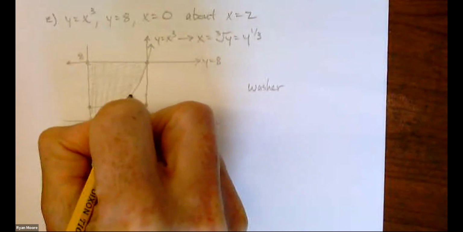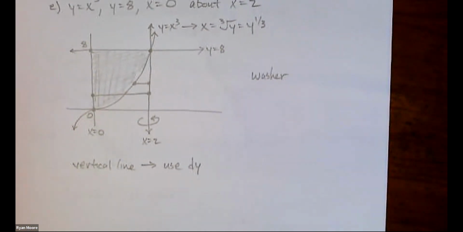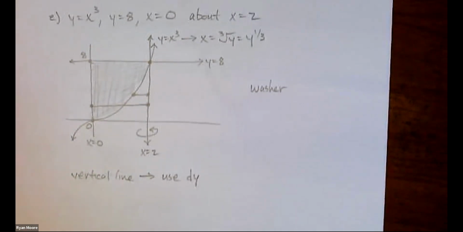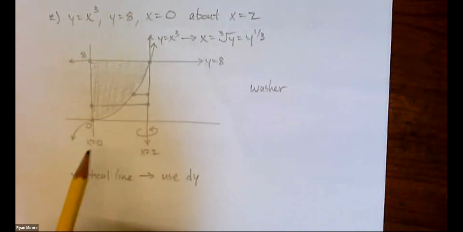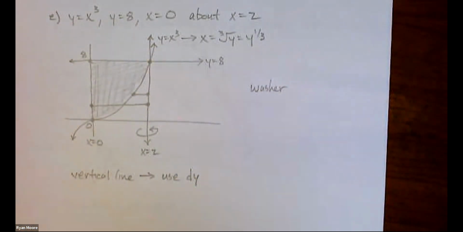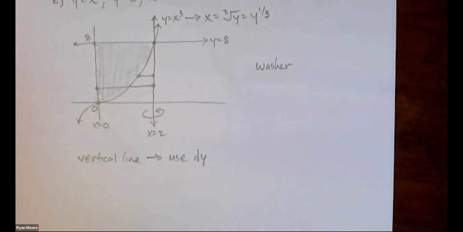Here's the inner radius. Okay. What gets tricky when you're not revolving about either the x-axis or y-axis is getting your radii, outer radii, inner radii, or whatever you need. That's what you got to be careful with.